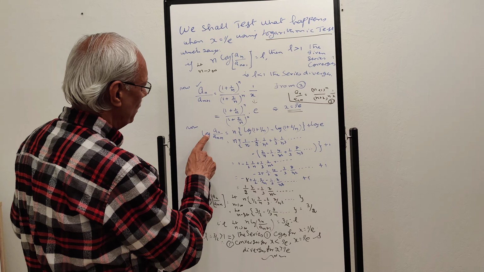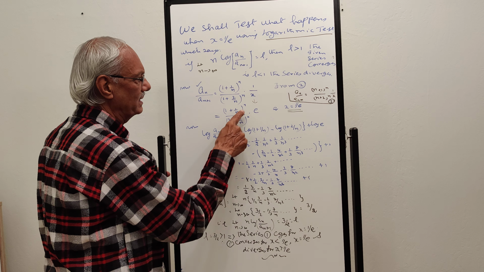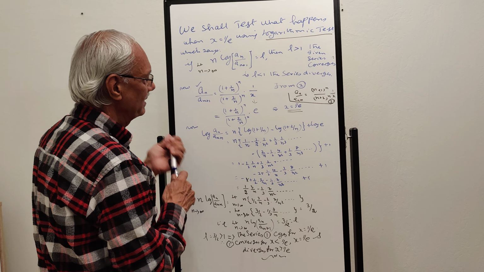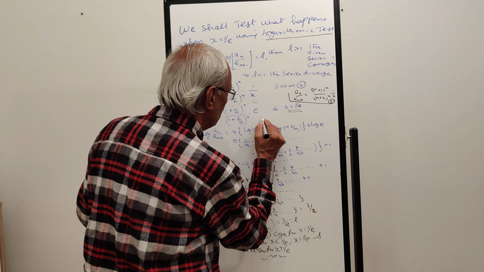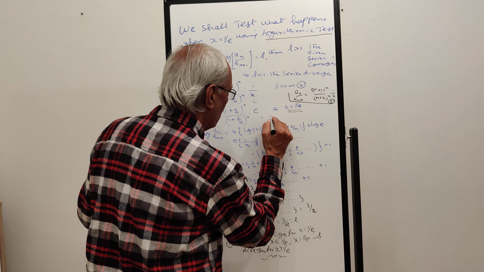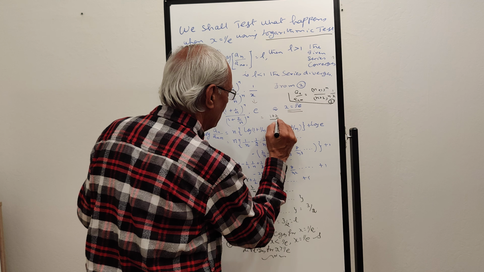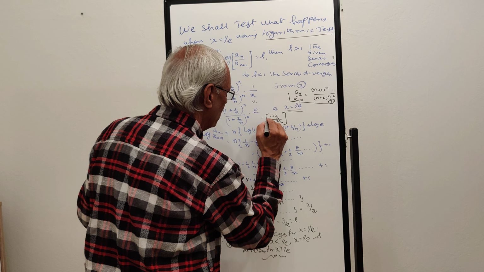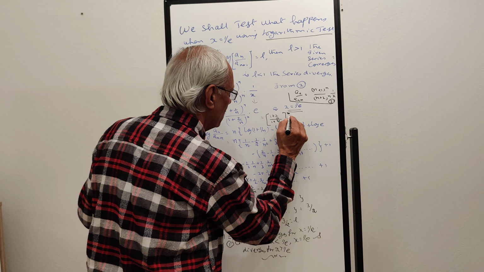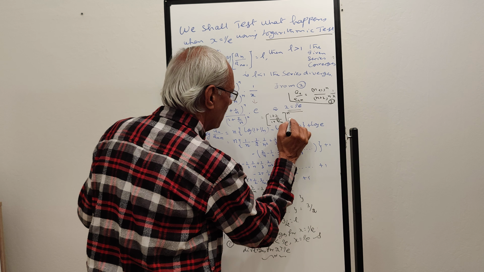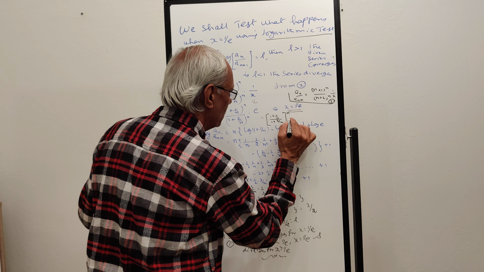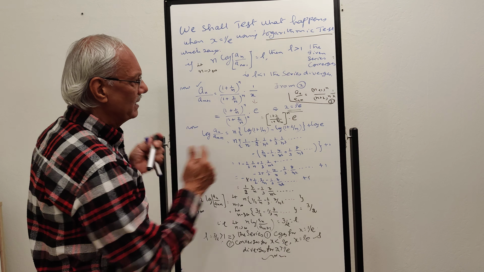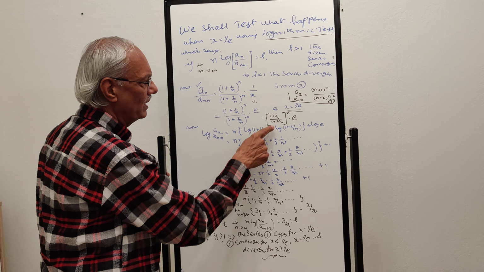Now let us take log on both sides. When you take log on both sides, this is n into log of a by b.